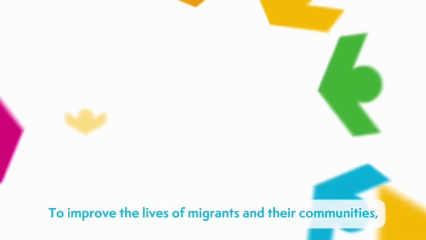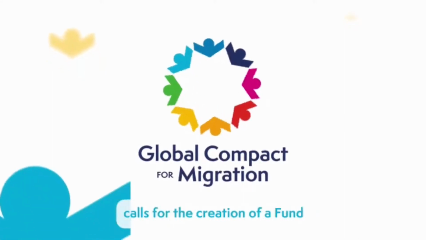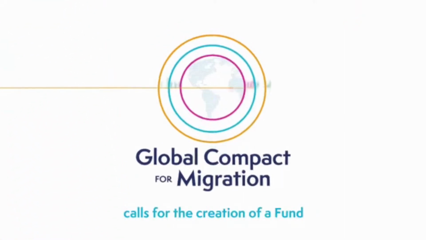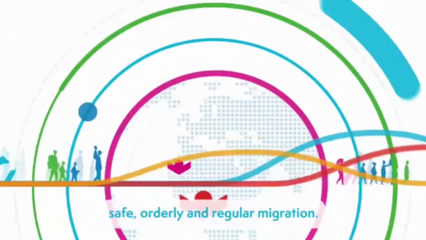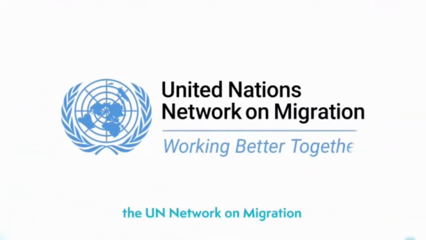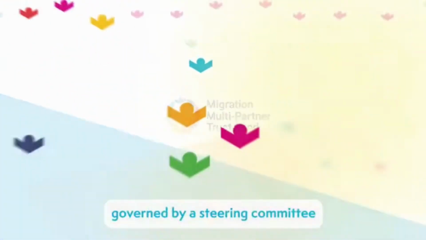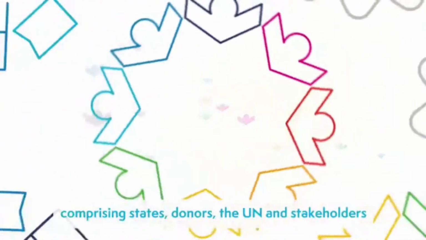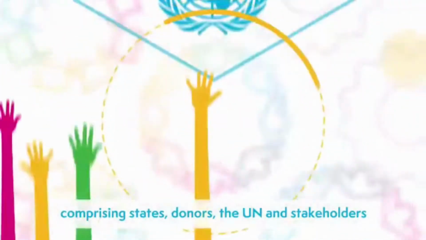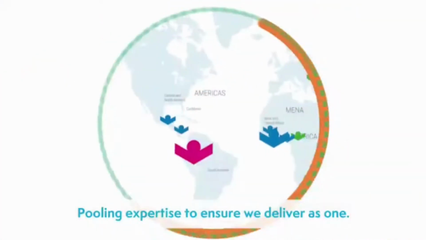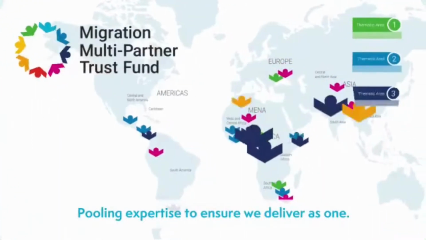To improve the lives of migrants and their communities, the Global Compact for Migration calls for the creation of a fund to help states achieve safe, orderly, and regular migration. To this end, the UN Network on Migration established the Trust Fund, governed by a steering committee comprising states, donors, the UN, and stakeholders, pooling expertise to ensure we deliver as one.